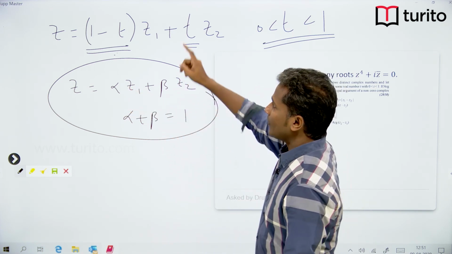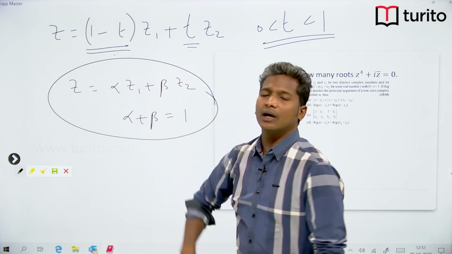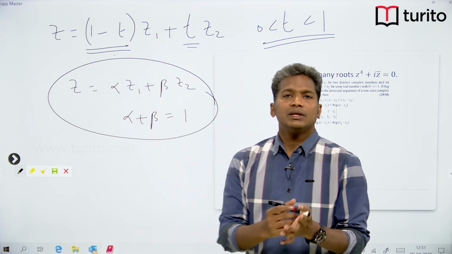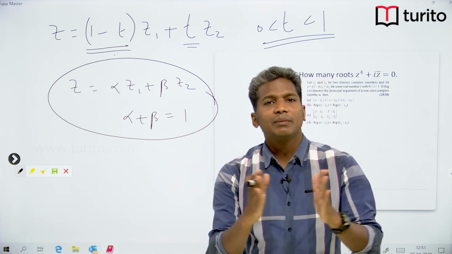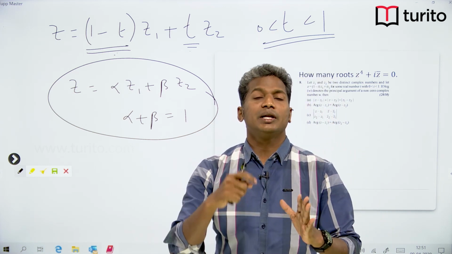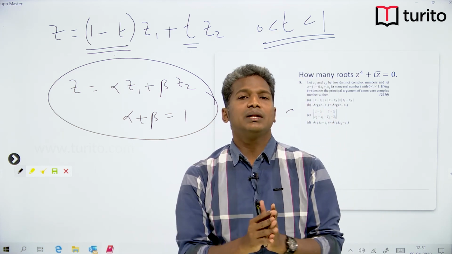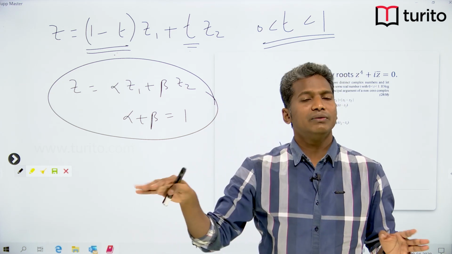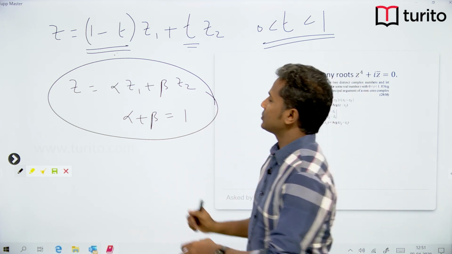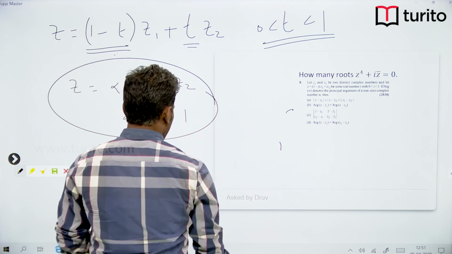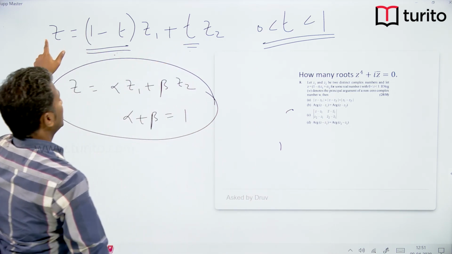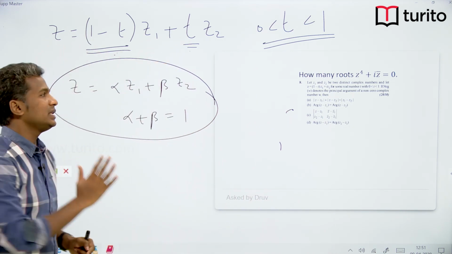If the ratio of alpha and beta is positive, then it will be on the line segment only, but if the ratio can be negative, then it can lie anywhere on the line. So, here it is very clear that z1, z2 and z are going to be collinear points.